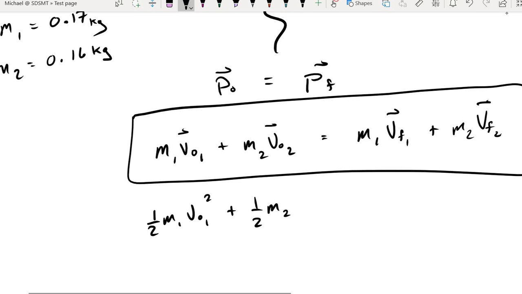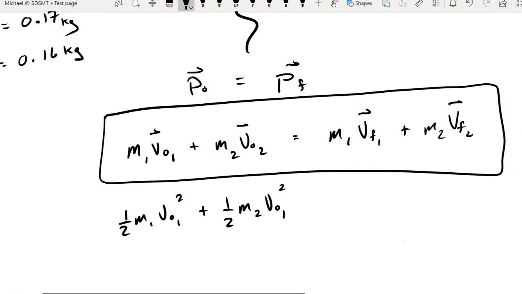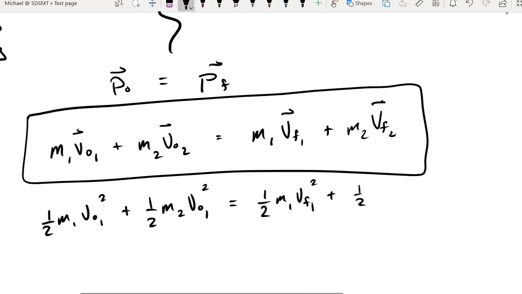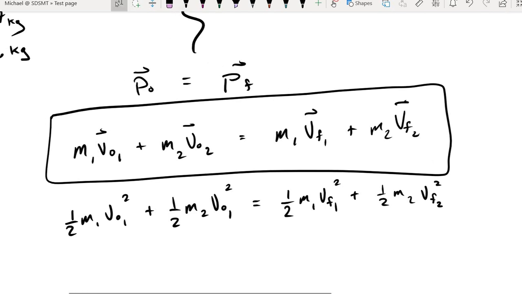So before the collision, mass 1 would have some kinetic energy based on its mass and initial velocity. Mass 2 would have a kinetic energy based on its combination. And then after the collision, we would have the kinetic energies of mass 1 and mass 2 based on their final velocities.